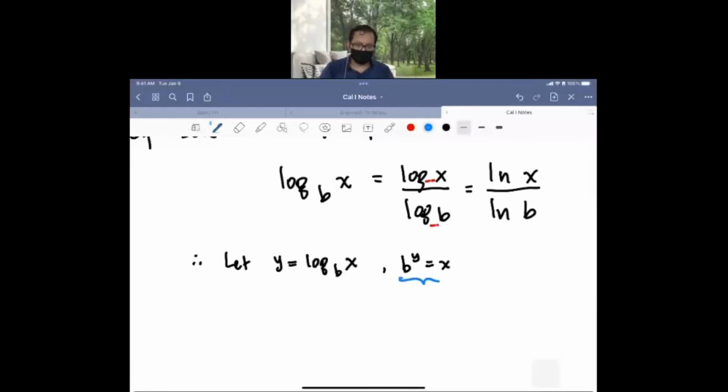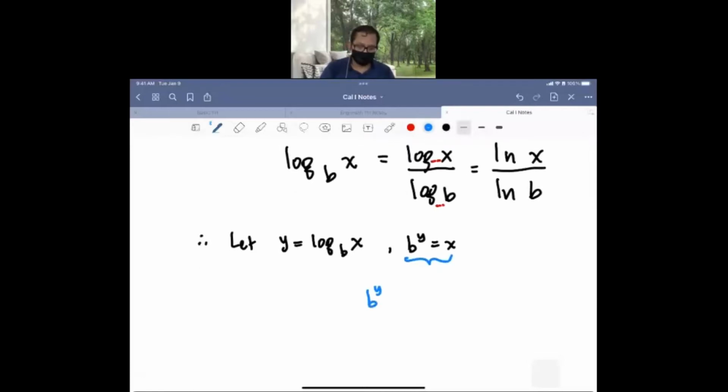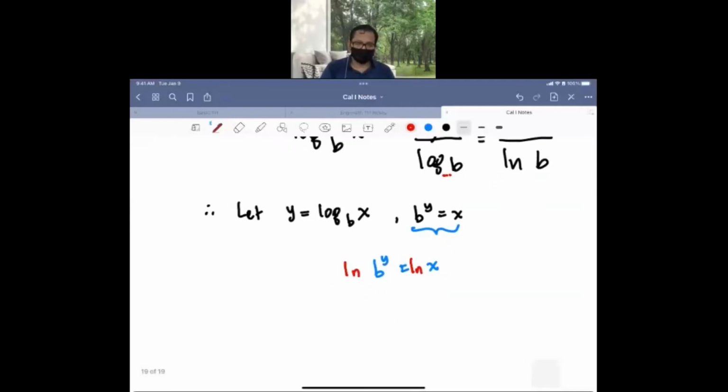And then from here, let me write at the bottom here, take ln on both sides. And then move this y to the front. This becomes y. And again, this ln can be a log with any base.